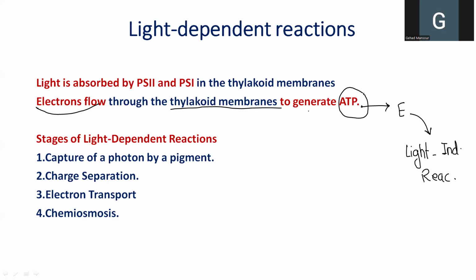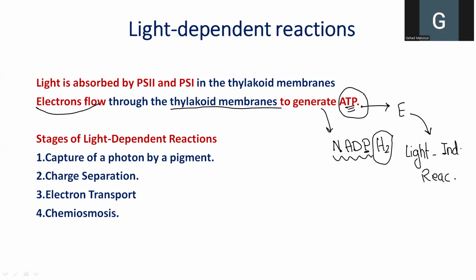Meanwhile, these light-dependent reactions do not only generate ATP, but they also generate reduced NADP, which is the reduced form of the hydrogen carrier NADP.